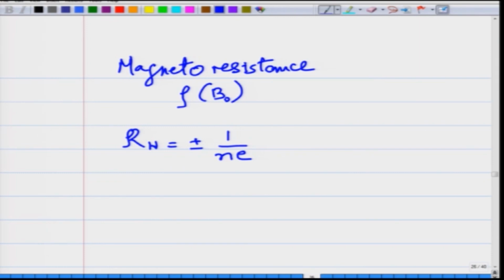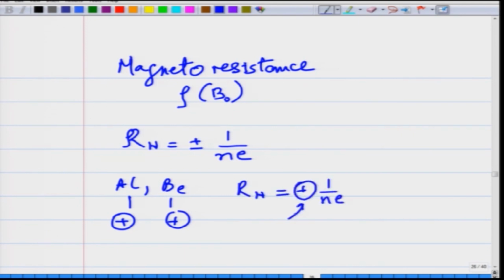But it turns out that, as you saw for aluminum and beryllium, these have RH whose value is positive. The value of RH is positive instead of being negative, and RH being positive indicates that the charge carriers are positive. You cannot understand any of this using Drude's model. How does the charge carrier become positive?